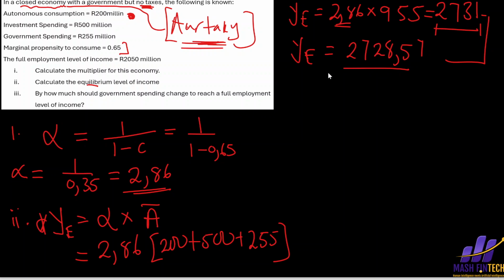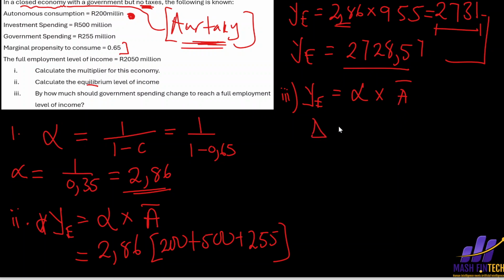Now, they want you to calculate by how much government spending should change if you want to reach the full employment level of income. This is part 3. Equilibrium income is the multiplier multiplied by autonomous expenditure. The change in government spending is the change in this part here.